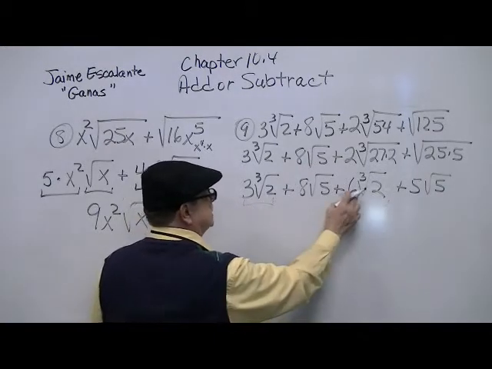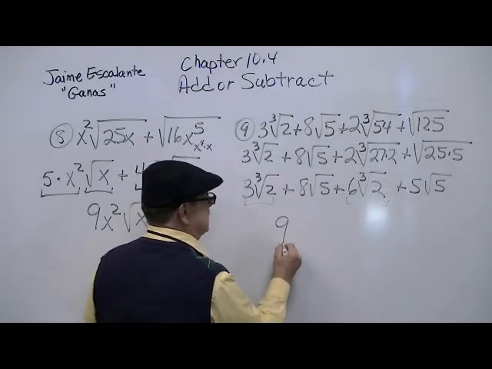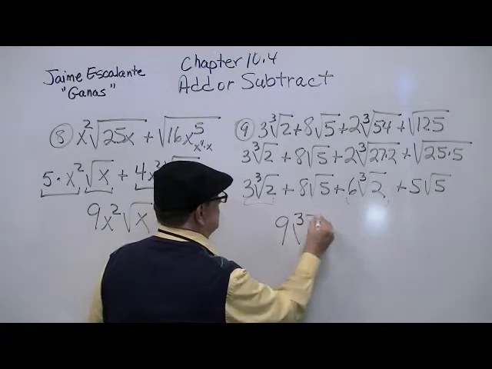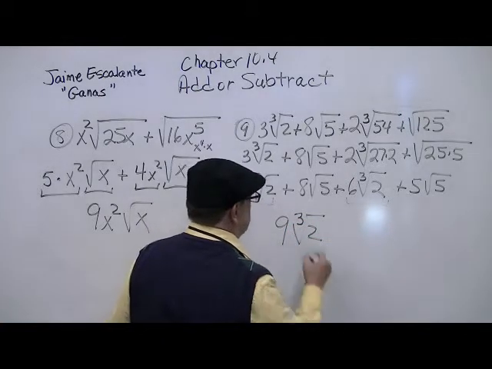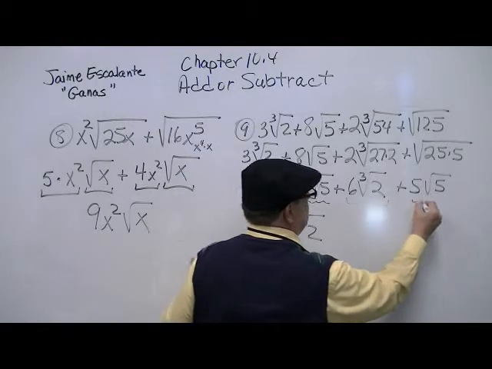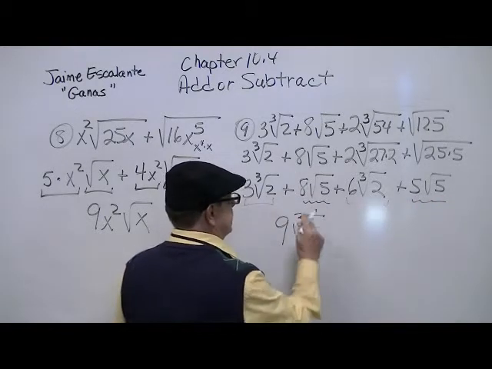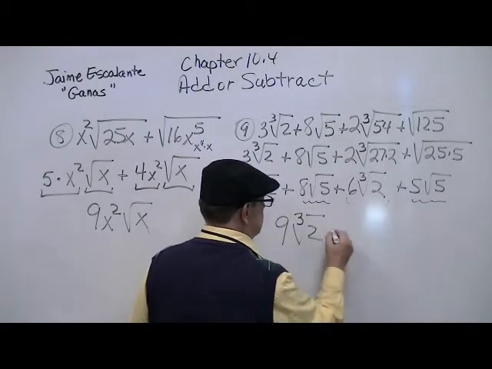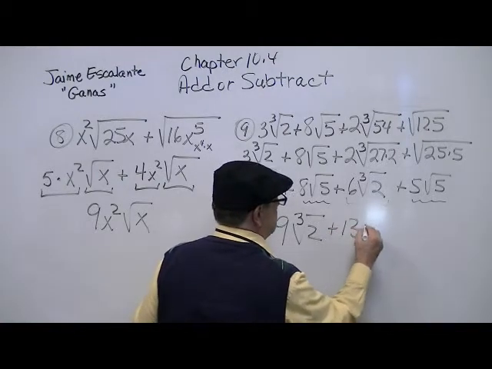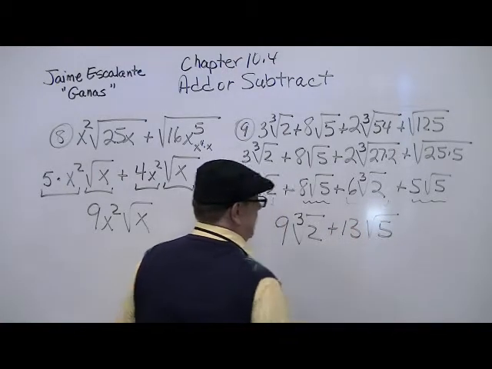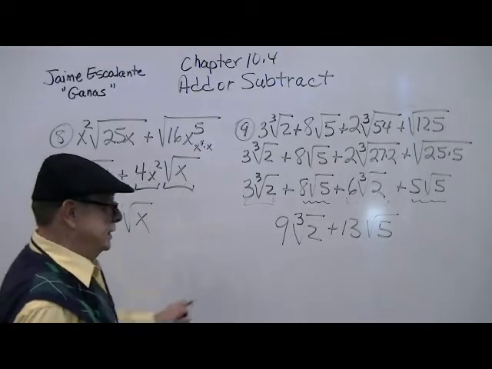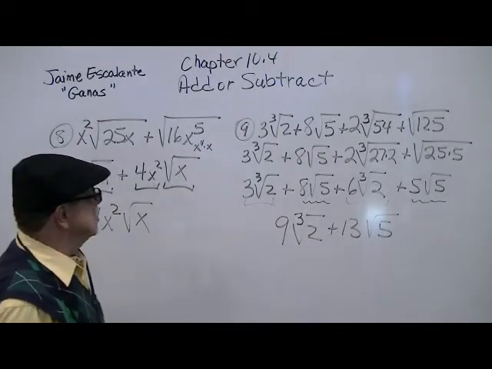So 3 plus 6 is 9, the cube root of 2. And then this one and this one is 5 plus 8 is 13, the cube root of 5. And these aren't like terms, so you can't do any more.